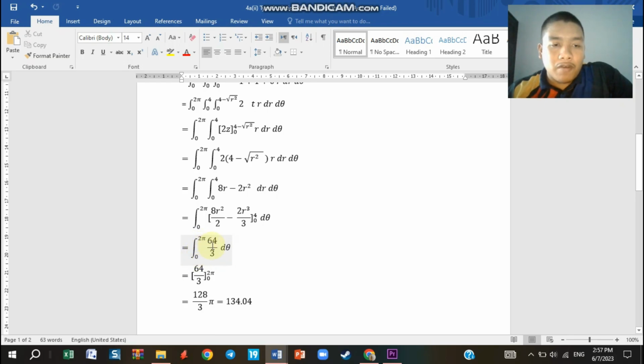We get 64 over 3 d theta, and we substitute the value into the equation, and we get the final value which is 128 over 3 pi, or equal to 134.04.